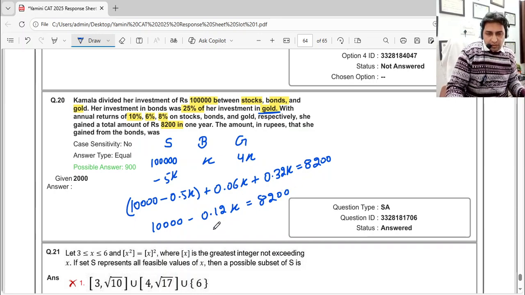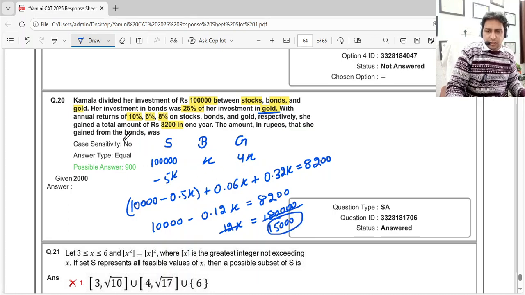Now this is 0.12x equal to 1800. Let's remove the decimal, so this will go towards the right hand side. Multiply 12 into 125, that means x is equal to 15,000.